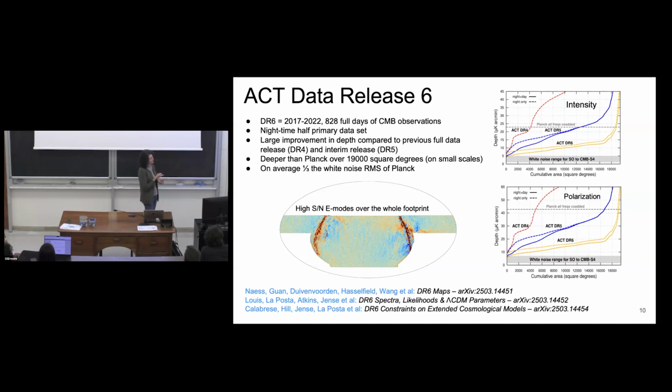But then the striking point for people who use the CMB observations, maybe they don't work on them, but they are familiar with their sensitivity and importance for cosmology, is the comparison with what Planck has achieved in temperature and polarization, and how ACT has gone a lot better than Planck over a very large sky area. So this is the new state of the art in terms of CMB observations.